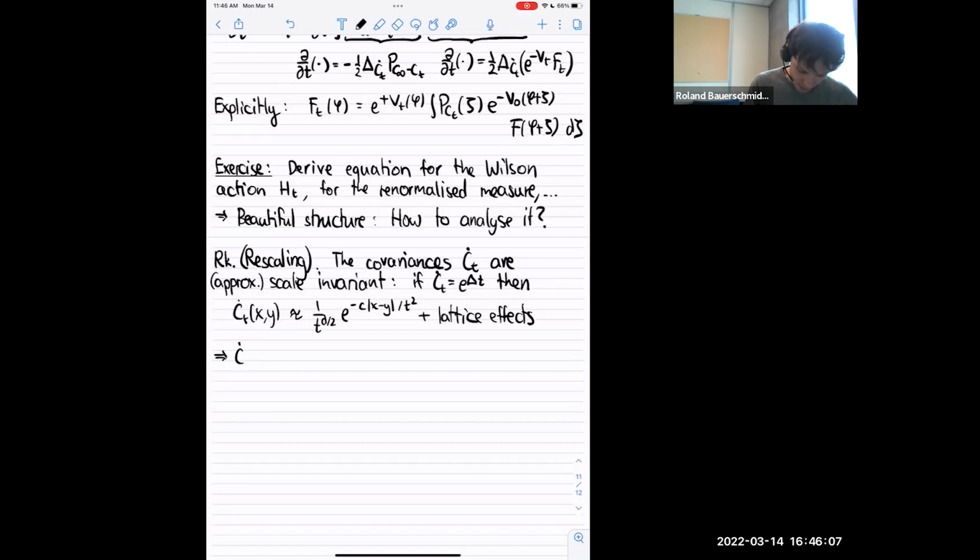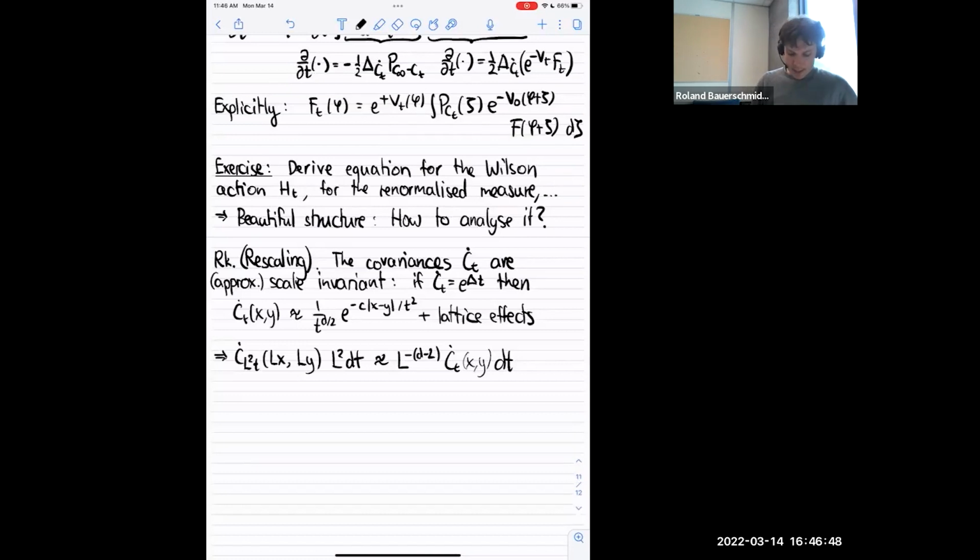Let's say I'm rescaling this parameter t, which I sometimes call time, but really it's better called scale, by parameter L, and you scale x and y also by L. I'm rescaling scale by L squared here because I'm using the standard heat kernel parameterization, and then space has to be rescaled by L. And it's also good to rescale the measure we're integrating this heat kernel over, which is dt, which has to be rescaled by L squared. Well, then this is the same as L to the d minus 2 times C_t dot(x,y) dt, up to lattice effects, etc.